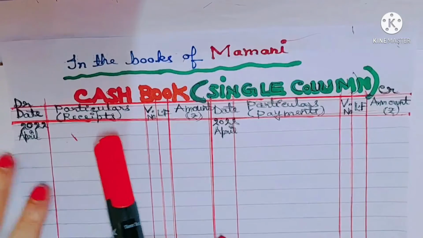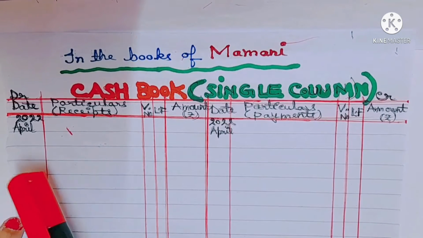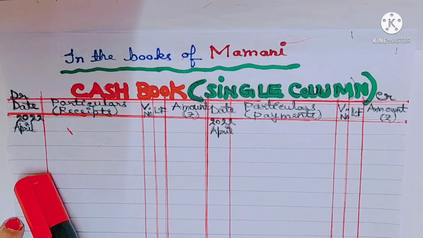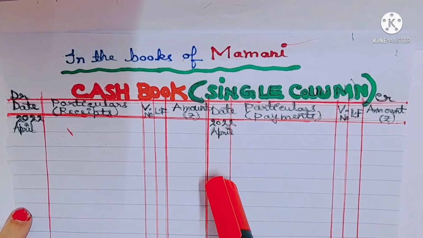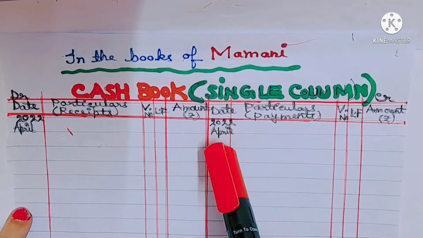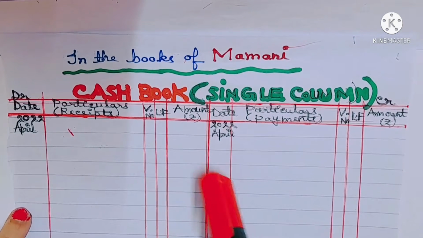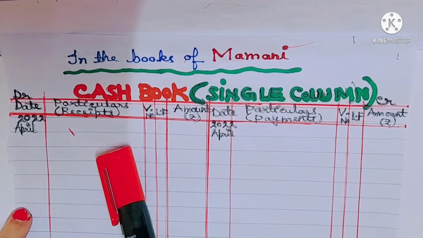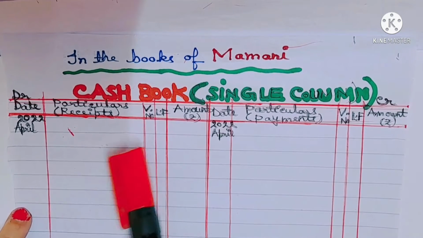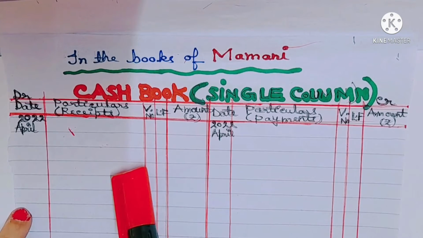The first column is for date. The date, month and the year of the transaction is recorded in this column. Similarly, date, month and the year of the transaction is recorded here also. The second column, that is particulars or receipts, the name of the account in respect of which cash has been received is written here.